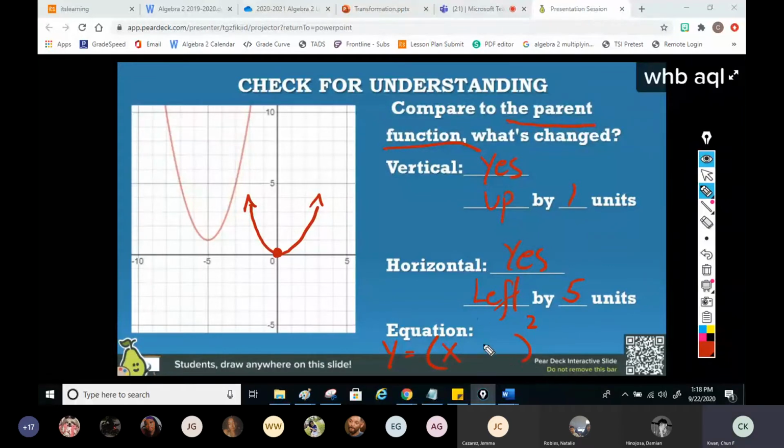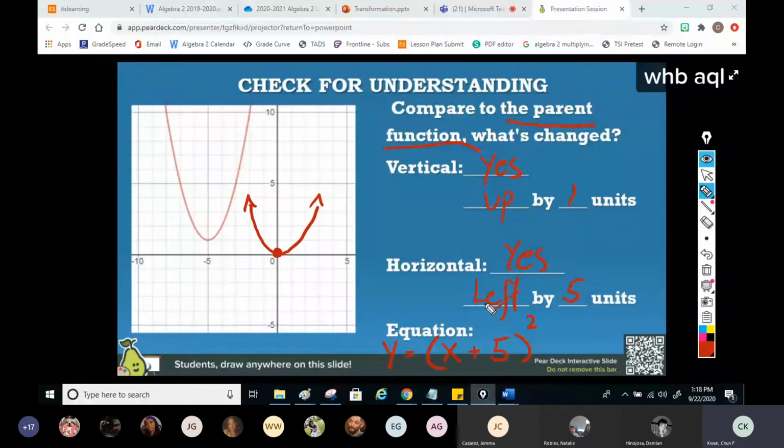Now let's figure out what goes right here. In here is going to be whatever's going left and right. Right here, we are moving to the left. If we move to the left, we're going to need to put a plus, and then 5 units, we'll put it right here.